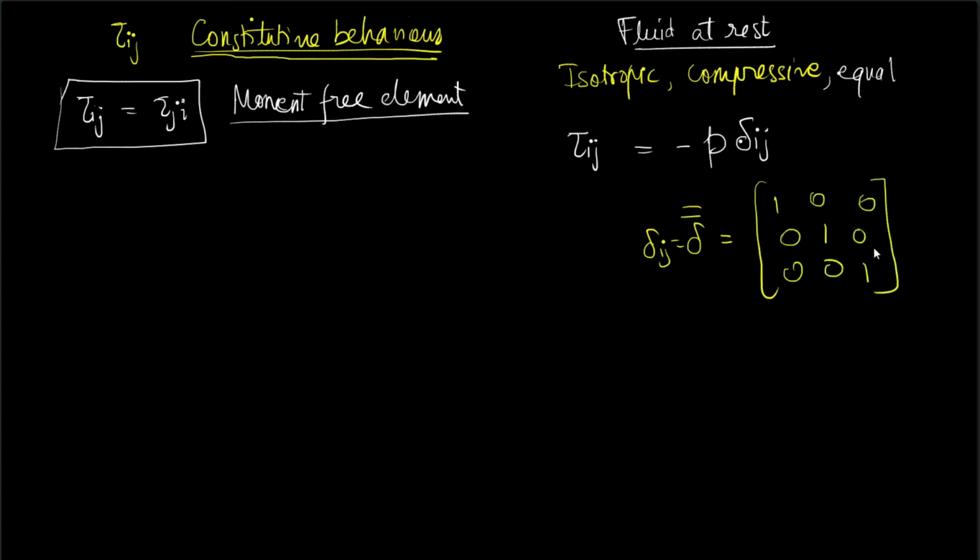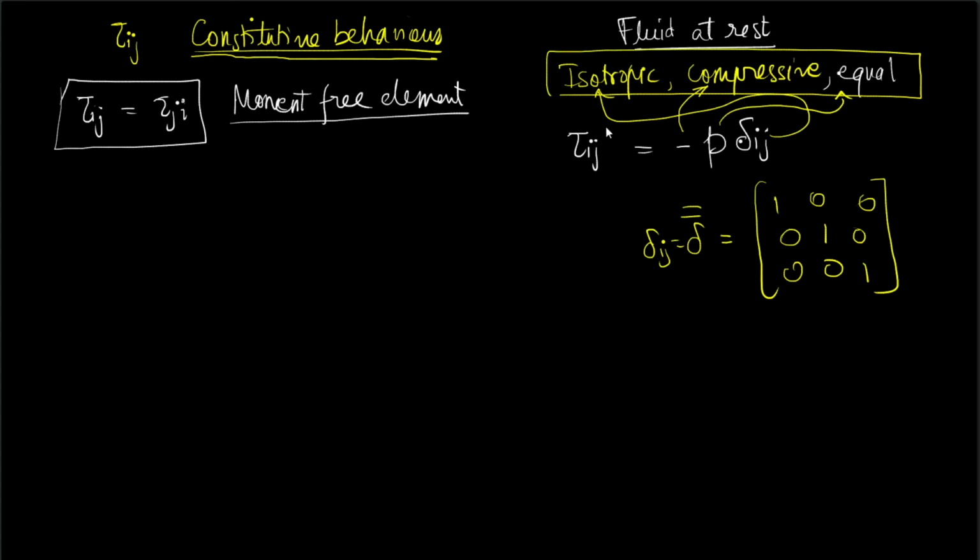So delta ij is an isotropic tensor. The negative sign accounts for the compressive, and minus P, which multiplies this identity matrix, is responsible for this being equal from all sides. Okay, so all these properties of a stress tensor being isotropic, being compressive and equal, are embodied in this particular expression.